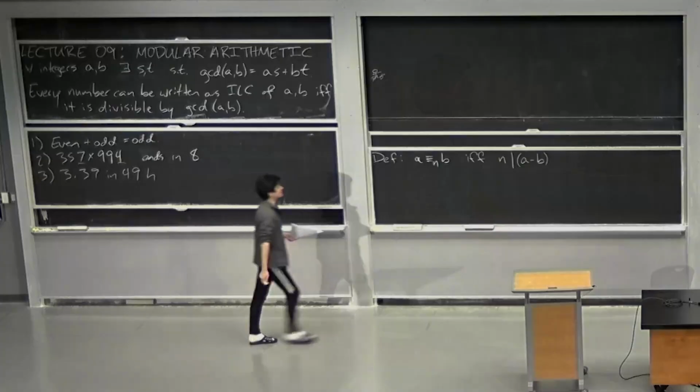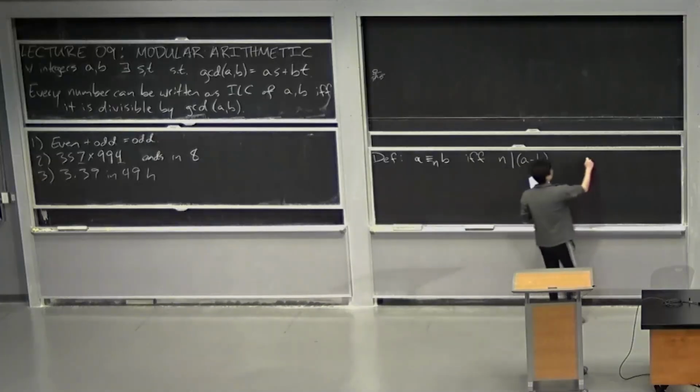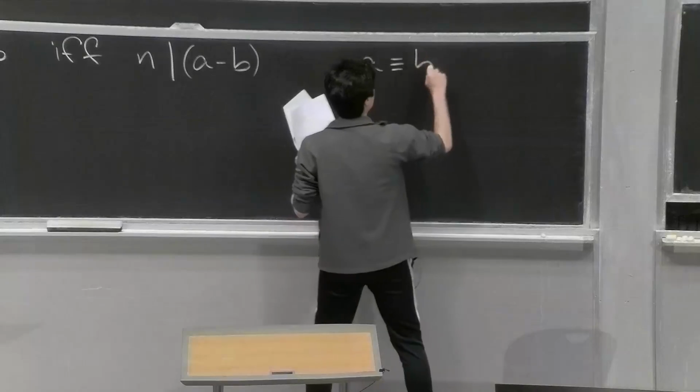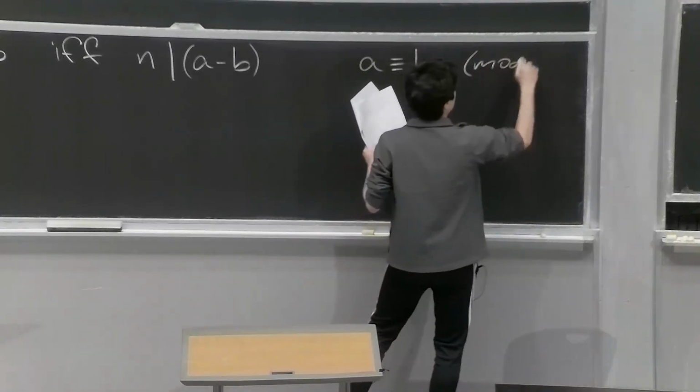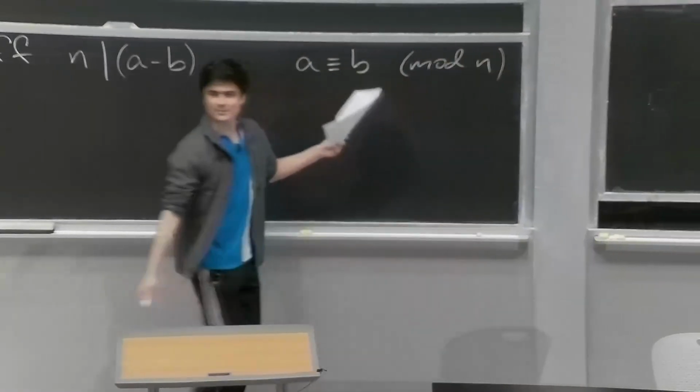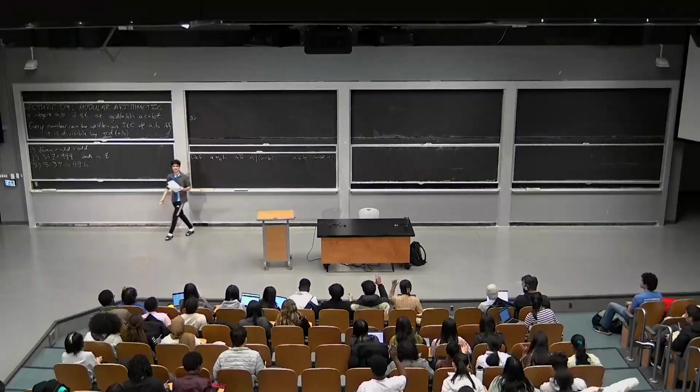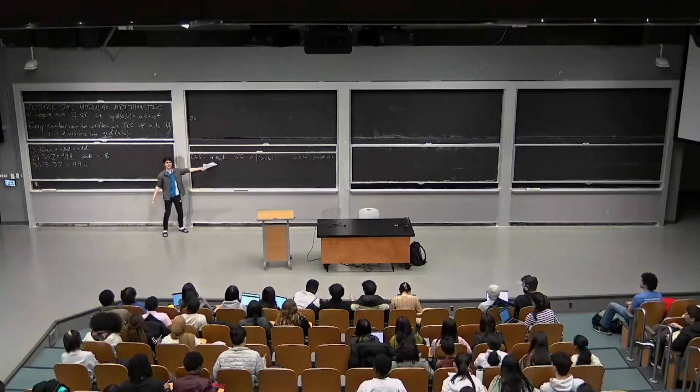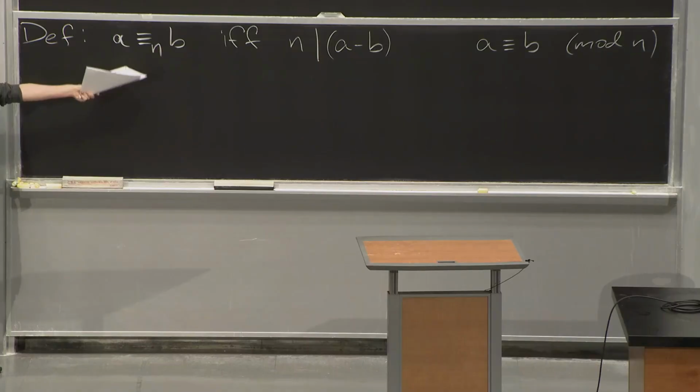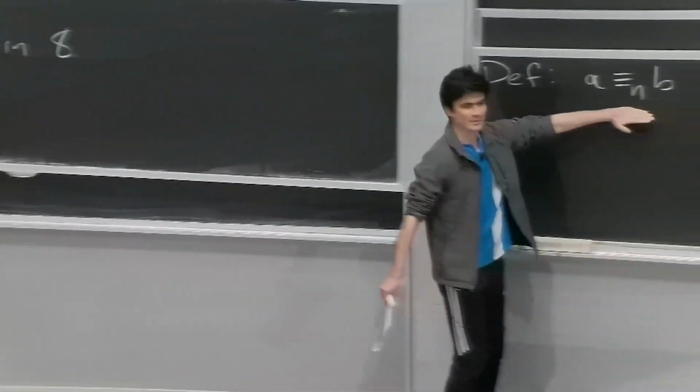So you might also see this written as a congruent to b mod n. Who has seen this notation before? Okay, many. Who has seen this other notation? Couple, not quite as many. So for the purposes of this class, we're going to generally be using this first notation.